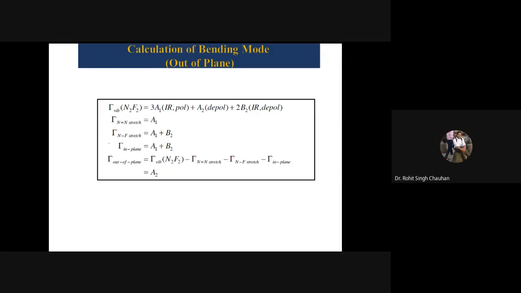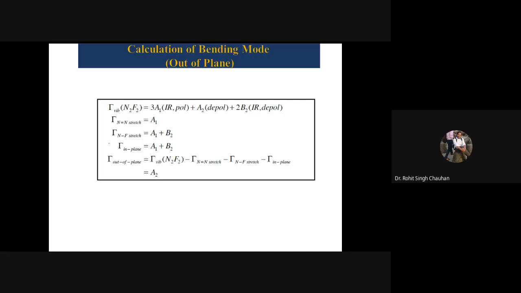You know the total number of vibrations, you know stretching, you know bending. In the bending, you know the in plane. So it is very easy to calculate out of plane. How do you calculate it? You add stretching, you add bending, and you subtract from the total. Then you get to know about the out of plane.